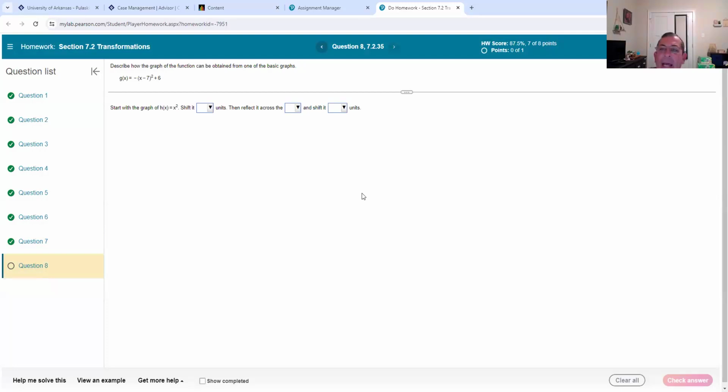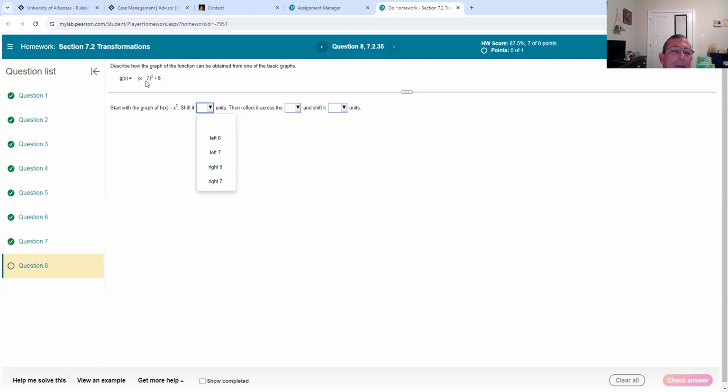Oh, now this is the last one, and we don't even have to graph this one. We just got to figure out what it's doing. So y'all look at that. We got a negative x minus 7 in parentheses squared plus 6. So they're starting with the 7 inside those parentheses.